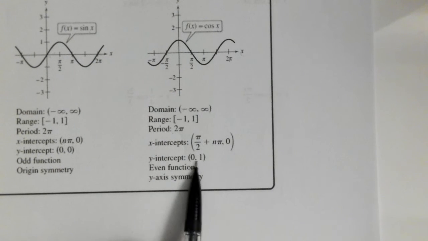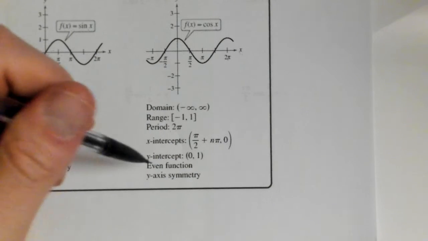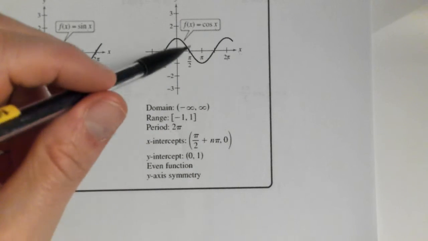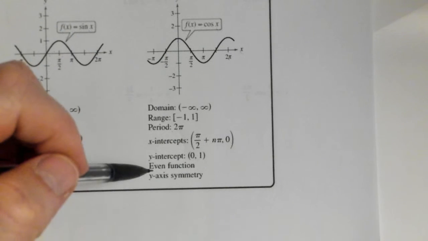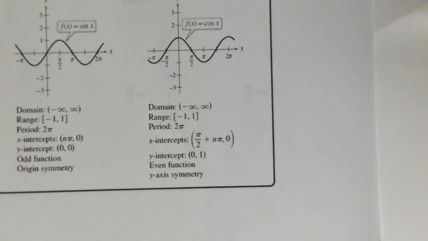So you're just shifting that by multiples of pi over 2. The y-intercept is at 0, 1, and this is an even function because it has symmetry through the y-axis.